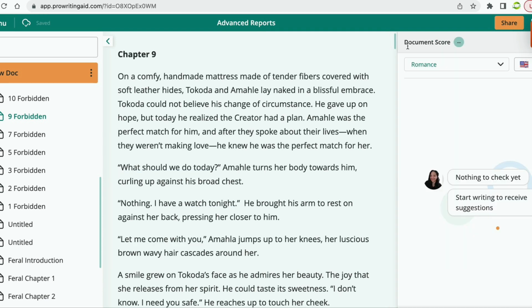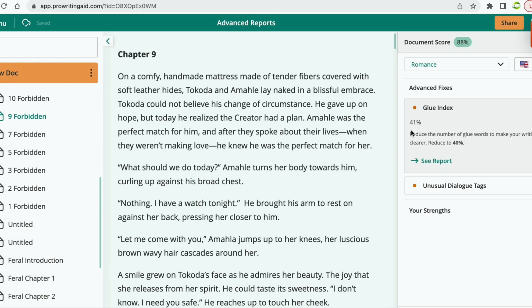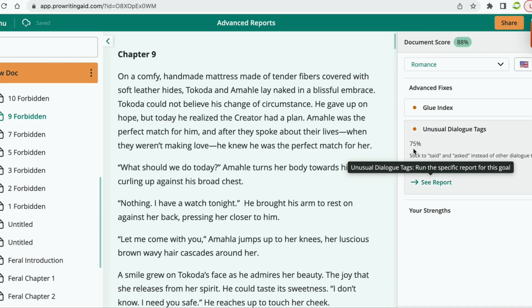Wait, hold on. Let me go back first before I really say that. Normally when my dialogue tags are good, this goes to 100%. That's my score. This is what I understand. It gets a little confusing how they word it, because then it says reduce to 30%, but I get that it means reduce the dialogue tag usage to 30%.